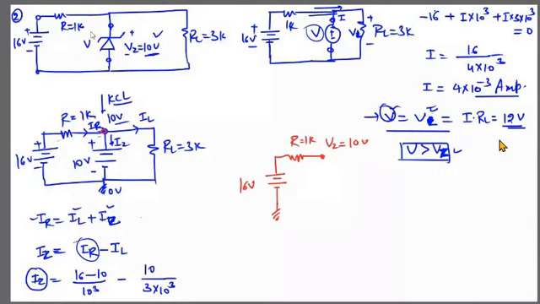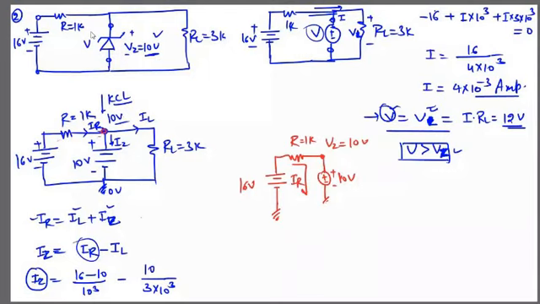Is there any problem? No, sir. Means I can replace this with plus minus 10 volt, and this will be the current IR. Okay. So now I apply KVL.